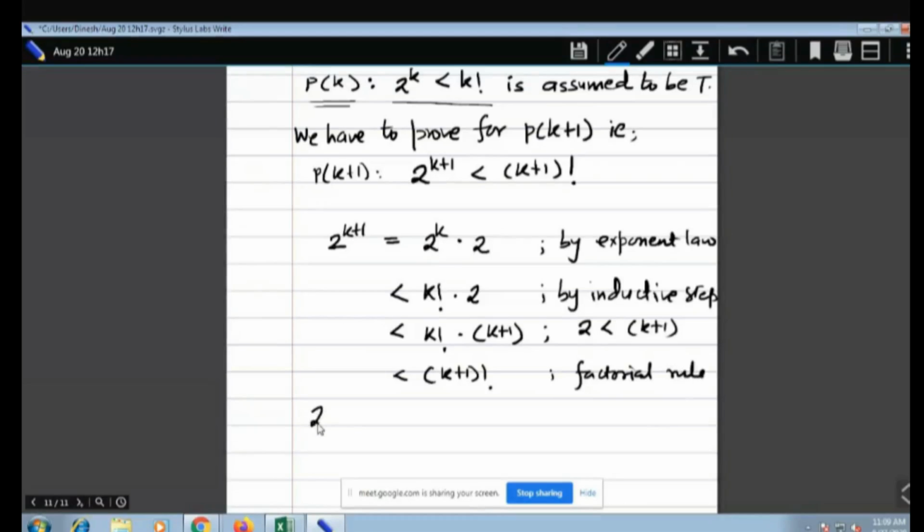And thus you have proved that 2 raised to k plus 1 is always less than k plus 1 factorial. Okay. So k factorial means 1 into 2 into 3 into 4 into 5 into up to k, and into k plus 1 is nothing but k plus 1 factorial. Okay. So hence p of k plus 1 is also true.